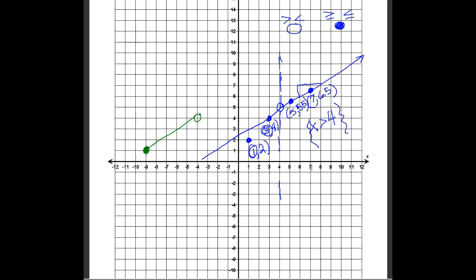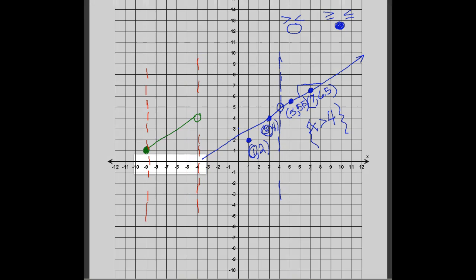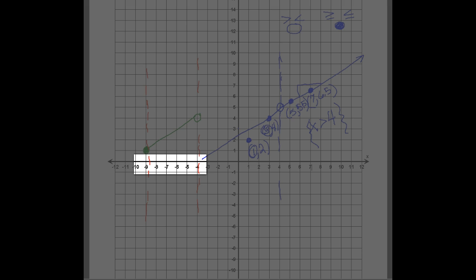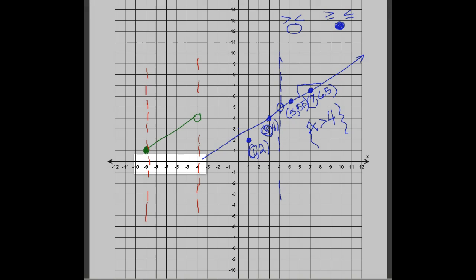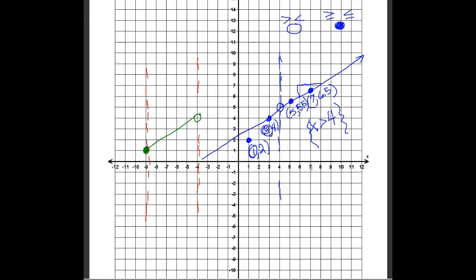So where are all our x's falling? I'm just going to use a different color here and show you. Sometimes it helps if you draw a dashed line down here to mark off where your x's are. And if I were to make any ordered pairs here, I am only going to use values that are between -9 and -4. -9 can be included because it's a closed circle on it, and -4 cannot because it's an open circle.